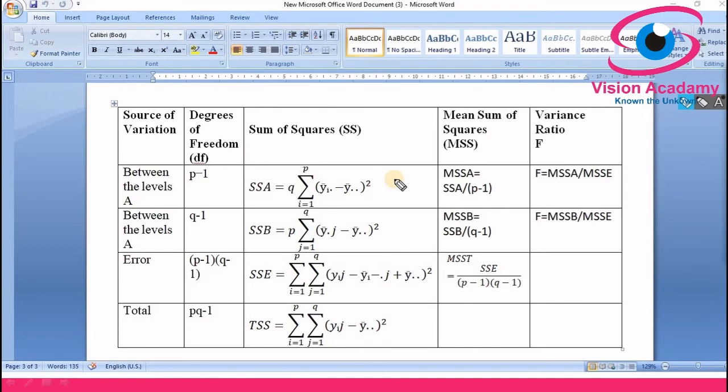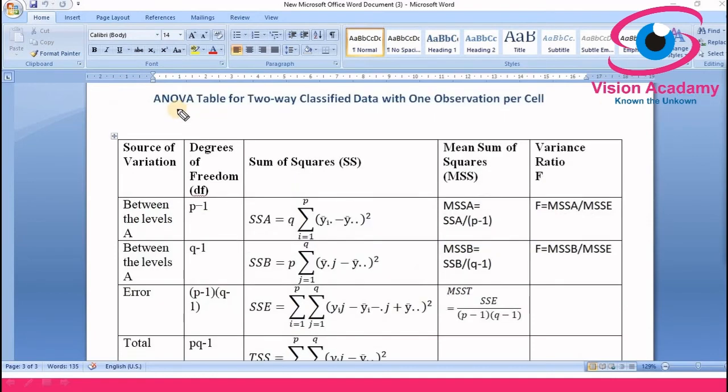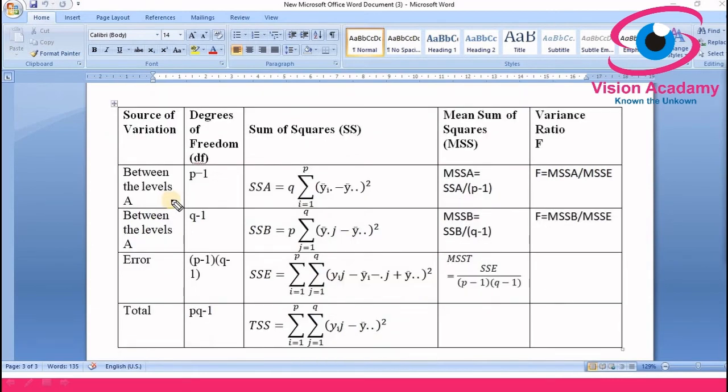Then let us become familiar with the table of two-way ANOVA. This is an ANOVA table for two-way classified data with one observation per cell. That's very important. Firstly, you need to be familiar with one-way ANOVA, then we can make a slight change to one-way ANOVA in this case.